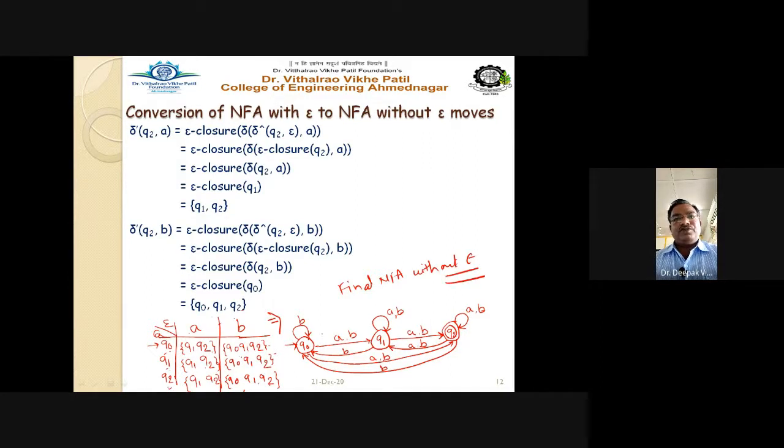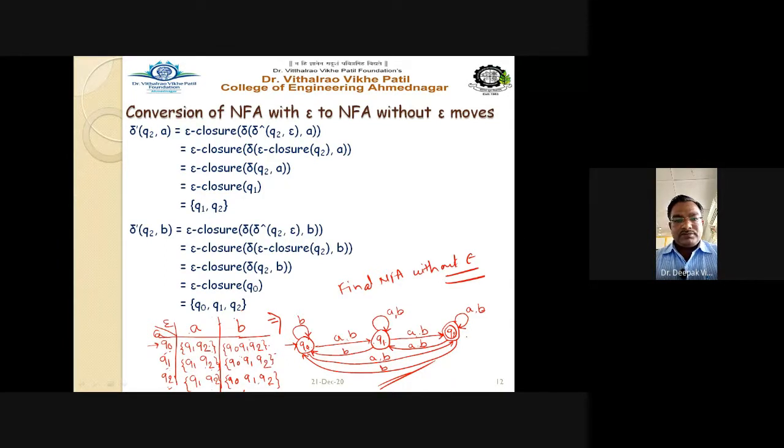See all these transitions we have drawn. Q0 on A goes to Q1, Q0 on B goes to Q1, then Q1 on A, B goes to Q2, right? So in this way, all these 6 transitions with their inputs we have to mark here, and we have to draw this resultant NFA.